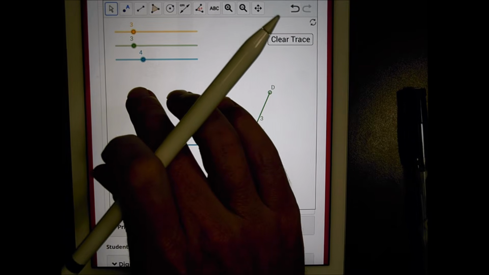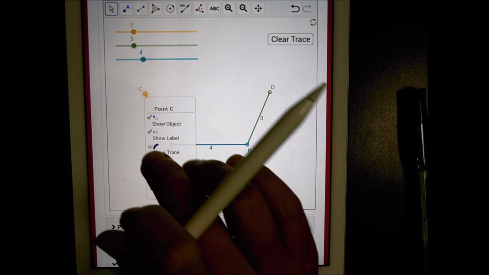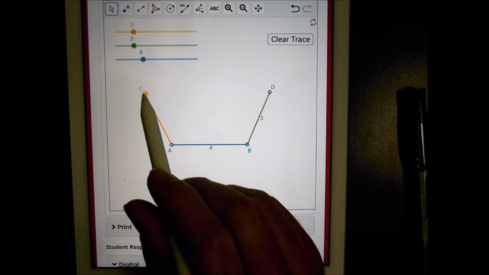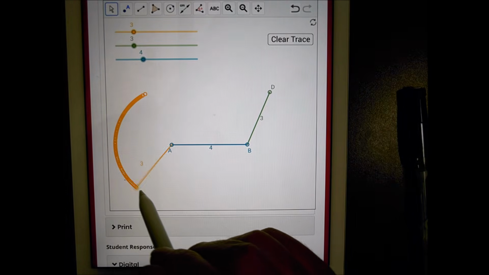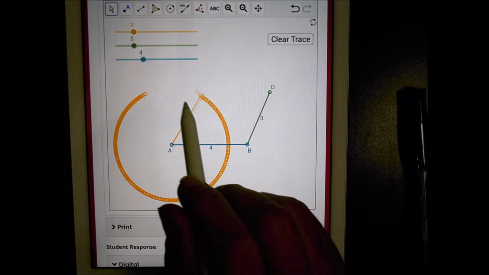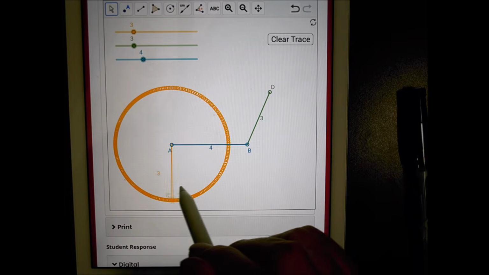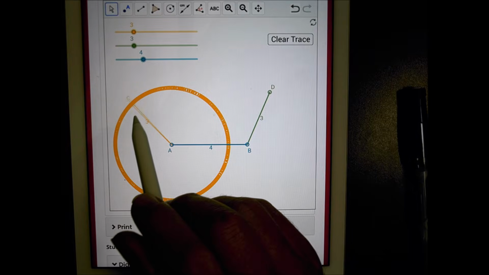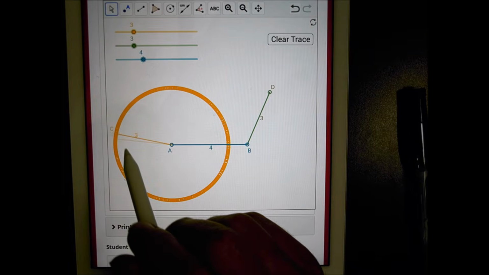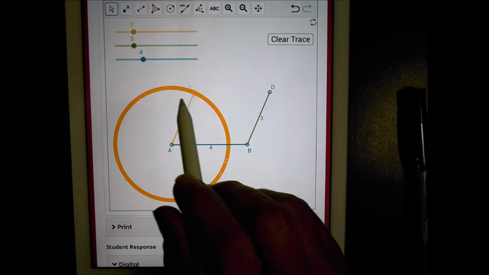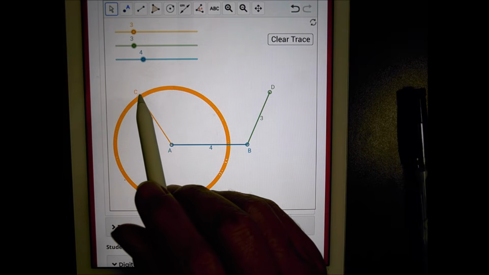Let's show trace. Okay, cool. When I show trace and I draw that 3 and make it go around, what do we notice? We notice that I am making a circle, right? And this circle has a radius of 3 as it goes around.